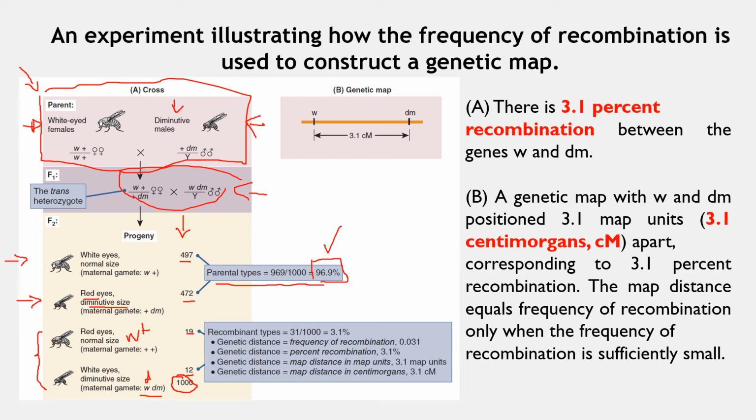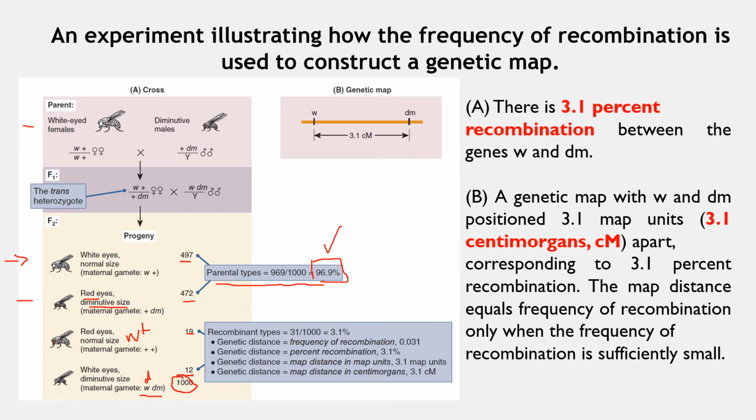In this case they count 1,000 flies. So now the key here is to calculate the frequencies, and how to calculate the frequencies is super easy. For example, take the two parental ones that you see here: 497 plus 472.